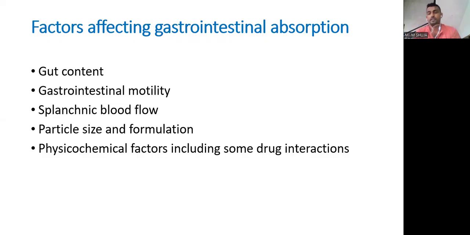Imagine you are having constipation. Your transit time is too slow, so you will absorb too much of the drug. Okay. So these all will influence the absorption. So these factors will influence the pharmacokinetics, because absorption is one limb of the pharmacokinetics.